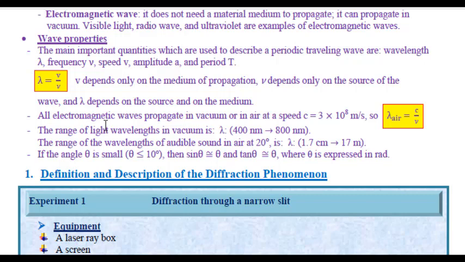And wave properties. The main important quantities which are used to describe a periodic traveling wave: wavelength, lambda, frequency, nu, speed v, amplitude a, and period T. The relation between the wavelength, speed, and frequency is as follows: lambda equals v over nu, or we can write v, the speed, equals lambda times frequency.